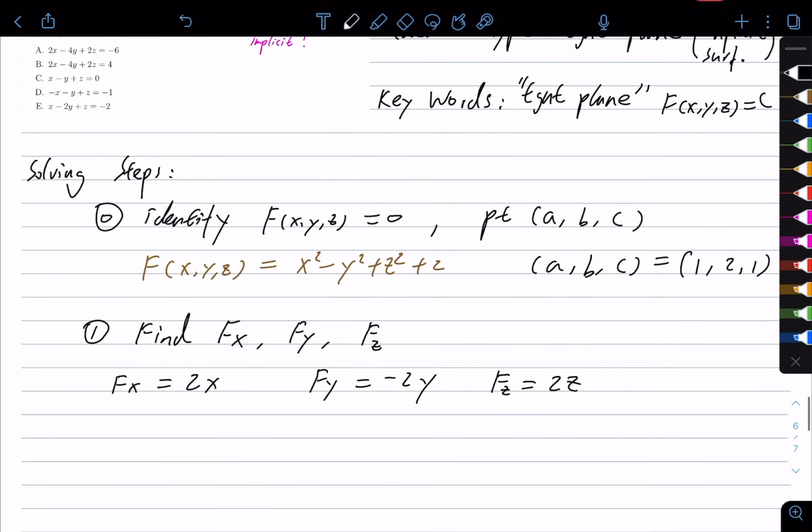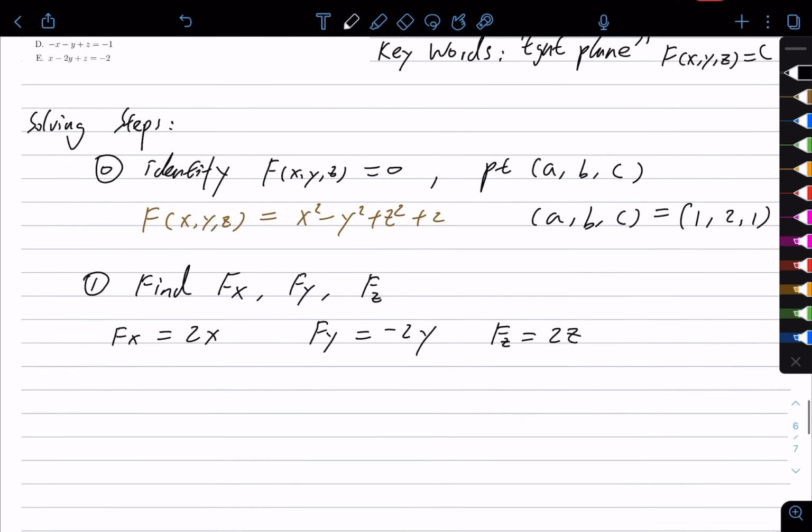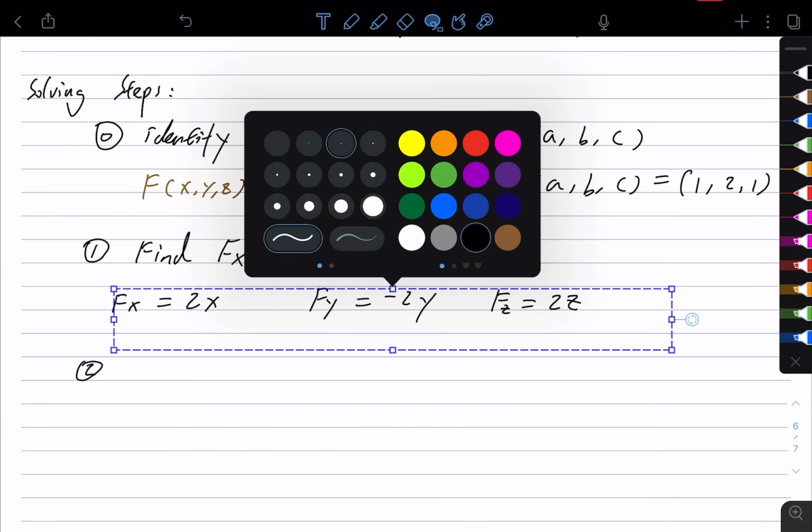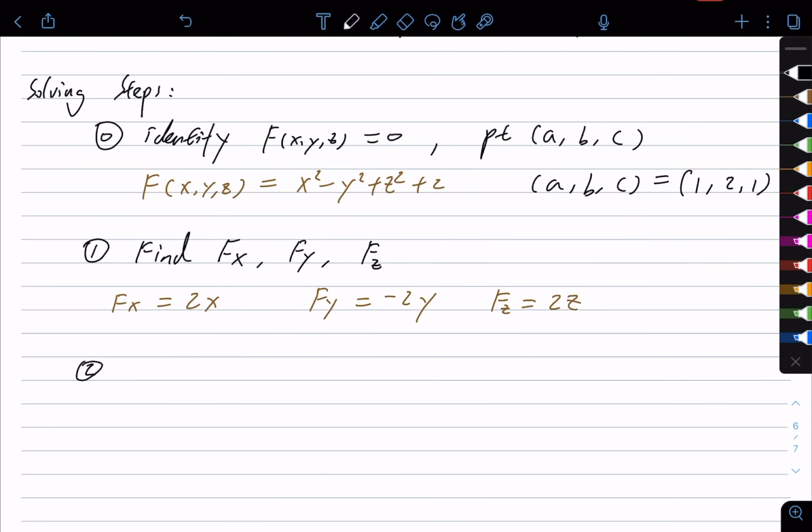All right. The second thing we're going to do. We're going to plug in, since we have the point available, we're going to evaluate these fx, fy, and fz at the point we're interested in.